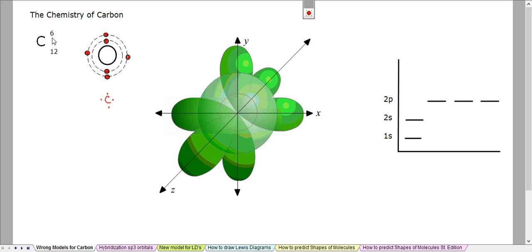Carbon, of course, has an atomic number of 6, which means it has 6 electrons surrounding the nucleus. And I've drawn a simple Bohr diagram here. Of course, there would be 6 protons and 6 neutrons in the nucleus as well. These red dots represent the electrons.